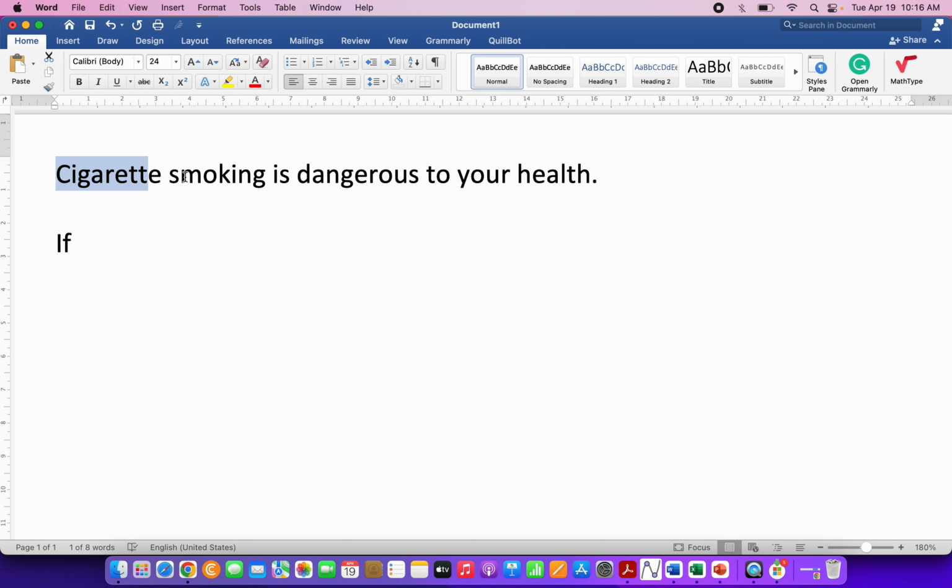So, kapag ganito siya, if it involves actually person or people, so, pwede natin siyang isulat if a person, we need to be specific. If a person is smoking, that's it.